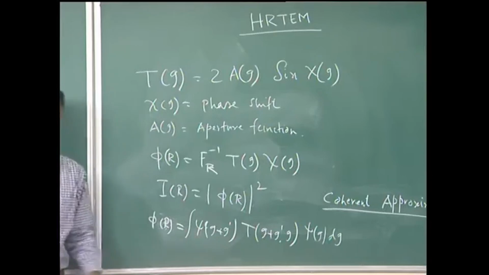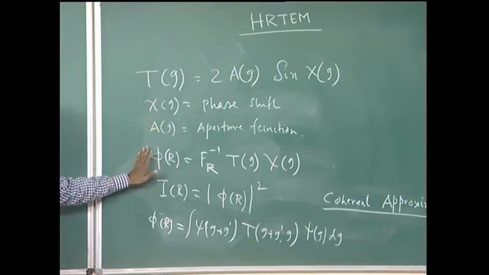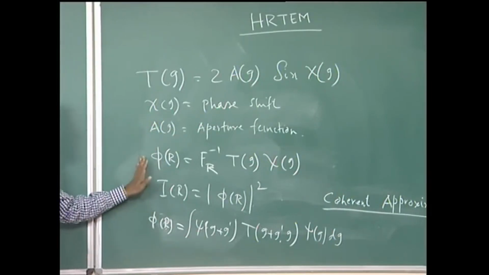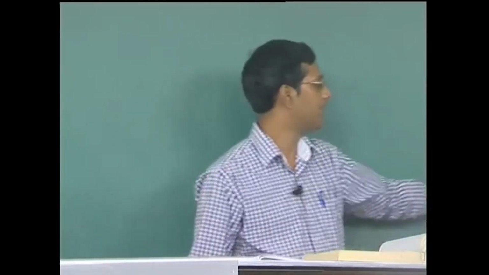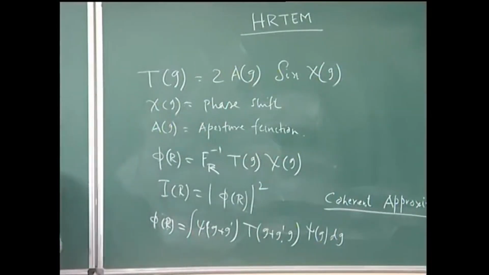That basically tells you the interaction between these two different spatial frequencies g and g prime. So, forget about it, we are not going to use this. We are going to use the coherent approximation, and for that the wave function at the image plane can be calculated using the inverse Fourier transformation of the transfer function and the psi z.